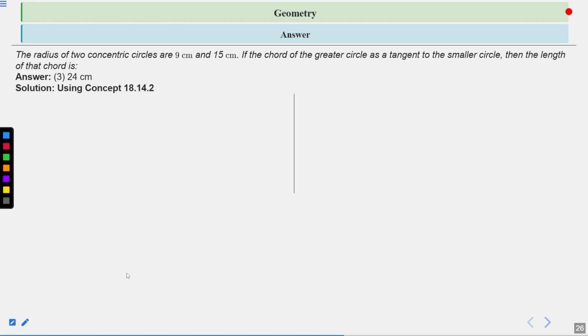Now see the detailed solution using concept 18.14.2 in this question. So we get the radius BO equals OC equals 15 centimeter and OD equals 9 centimeter. We can see in this diagram clearly. The length of BO, or we can say OC, equals 15 centimeter and the length of OD equals 9 centimeter.